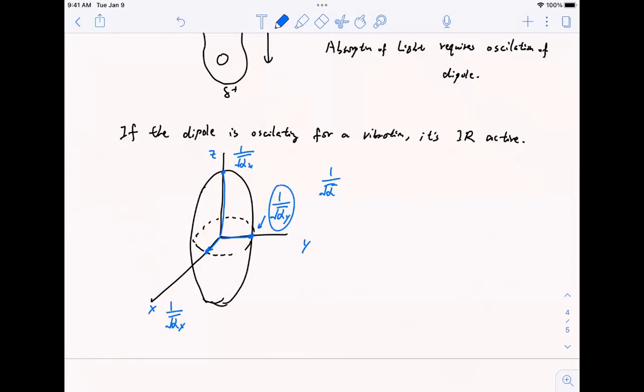These are called the principal values of this 1 over alpha square tensor, because you can always diagonalize the matrix into a diagonal form. So you diagonalize it.